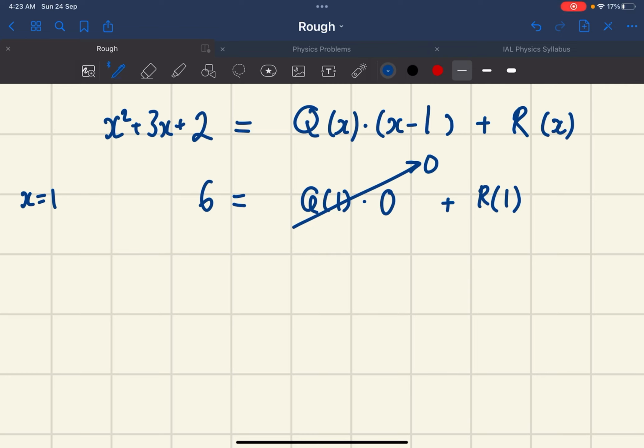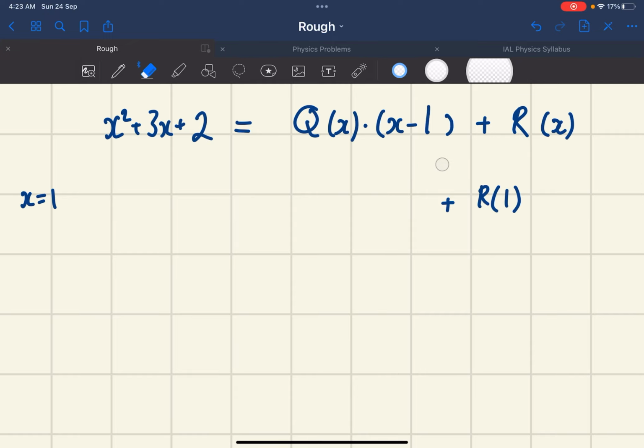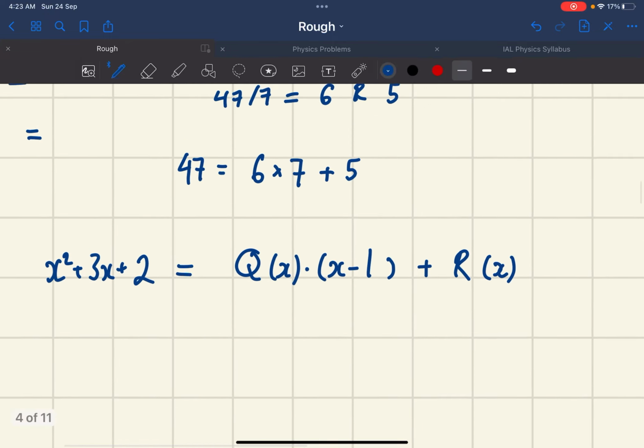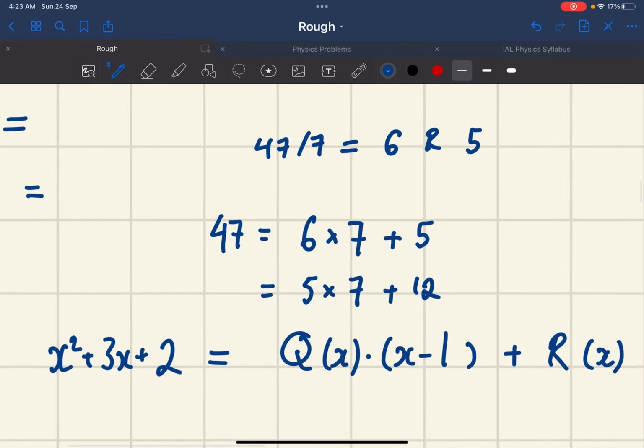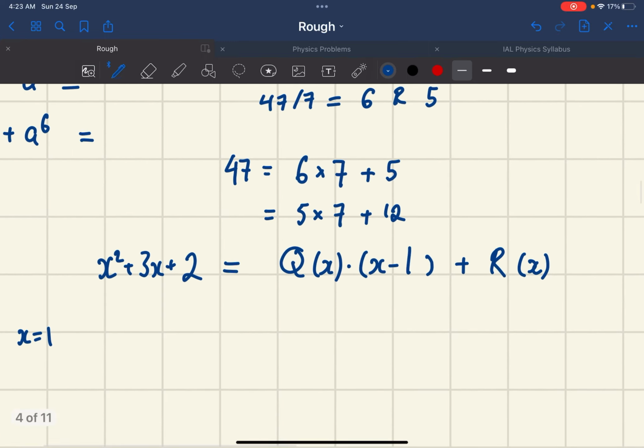Well, you may ask, okay, but r might be like a linear factor. It might be quadratic. But here, it's a bit like saying 47 can also equal 5 times 7 plus 12. That's also perfectly valid. But we want the smallest remainder, right?